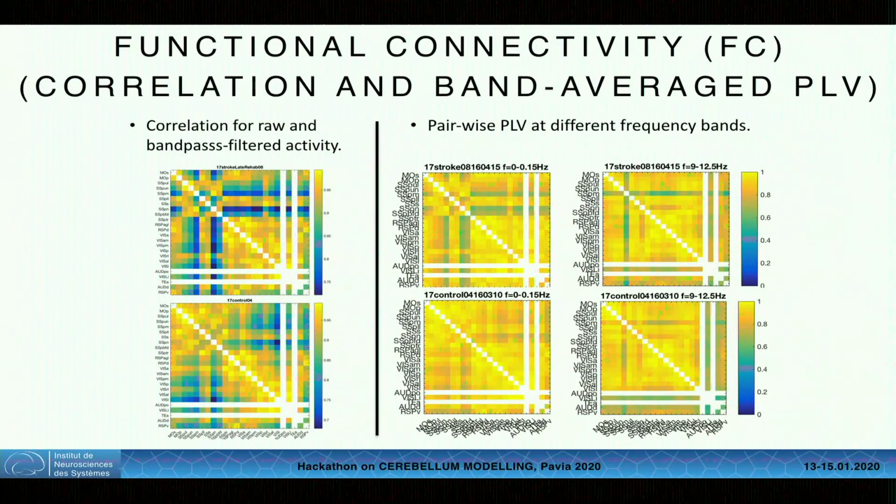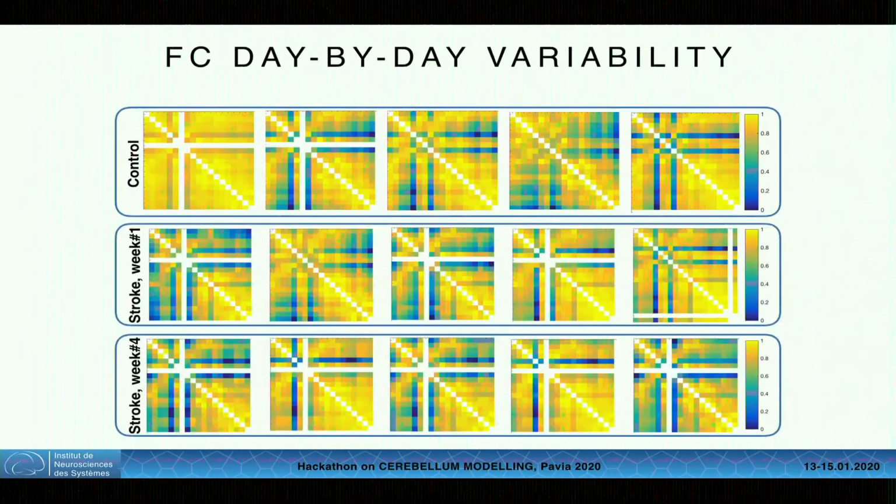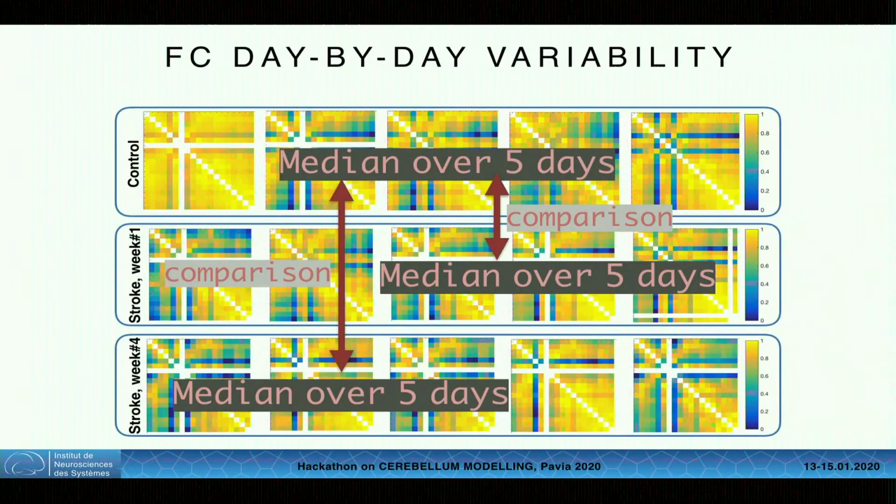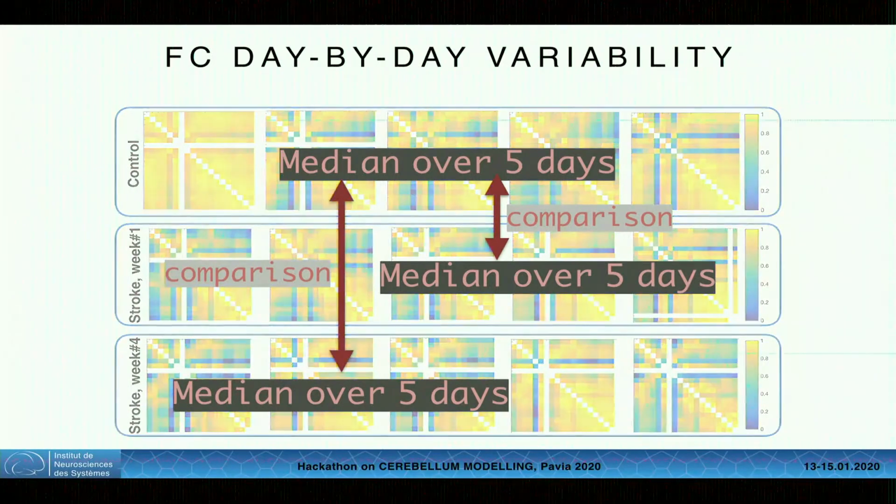It can be pure correlation or PLV, phase locking value, at different frequencies, depending on your paradigm, what you are testing. Then there was day-by-day variability, so we take the medians of this functional connectivity to end up with the mean functional connectivity of control versus stroke.